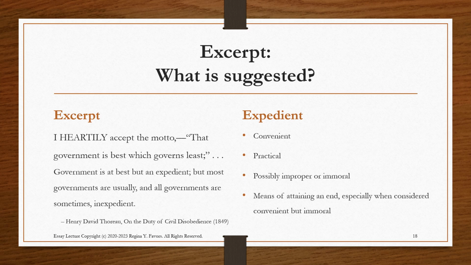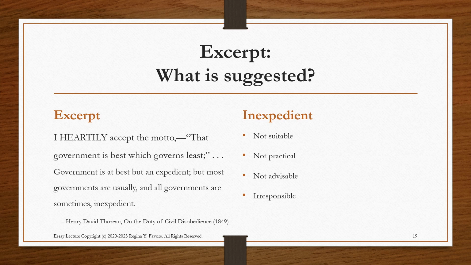It does have some immoral attributes, but it is a means of attaining an end, meaning that we have colonized all these different people, brought them over to America, stole the land, so to speak, and now we're going to enact laws so that we can maintain control. Well, that is convenient. That is practical. It does have some immoral aspects to it, but it was a means of attaining an end, meaning that we are now going to control the land, or we're going to control the government through enactment of laws.